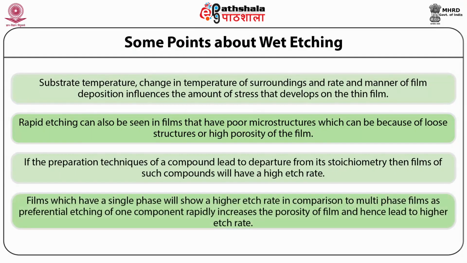Films which have a single phase will show a lower etch rate in comparison to multi-phase films, as preferential etching of one component rapidly increases the porosity of the film and hence leads to a higher etch rate.